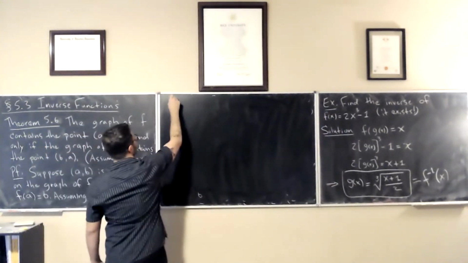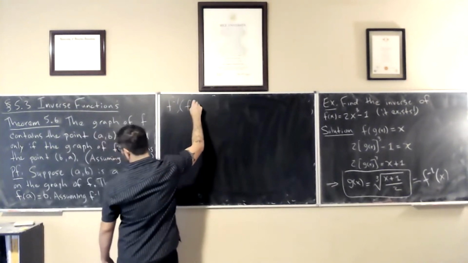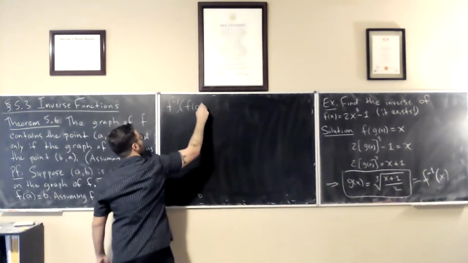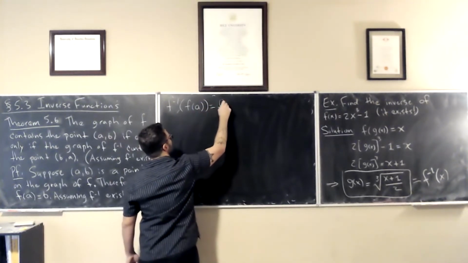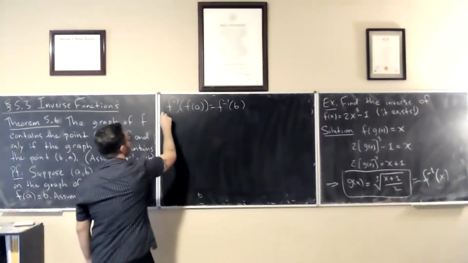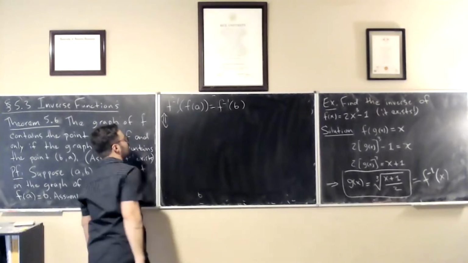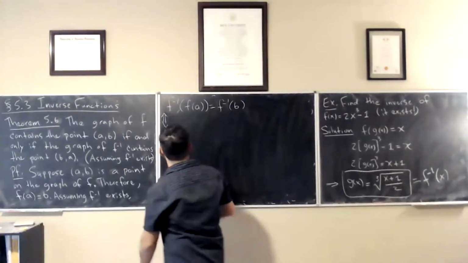So then f inverse of f of a equals f inverse of b, which means that f inverse of f of a is just a by definition.